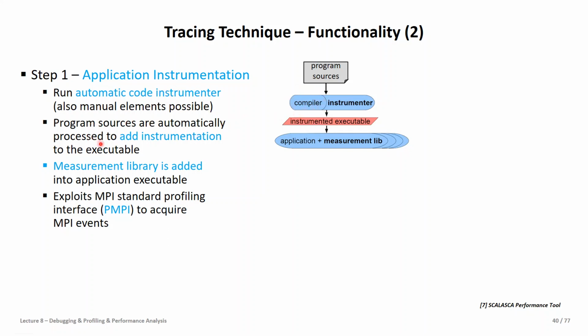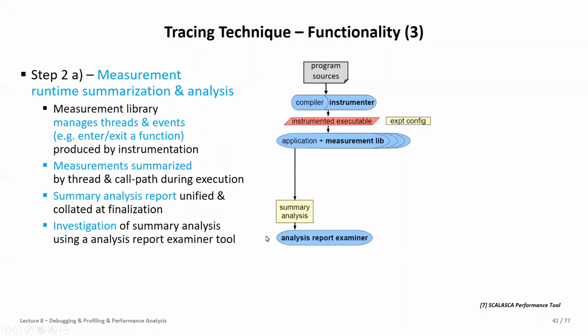It automatically processes the program into an instrumented executable, having everything inside from the instrumenter, where the measurement is taken and the measurement library is already added. And of course, you can amend it. The instrumenter uses the standard profiling interface, PMPI, to measure, for instance, how often certain MPI events or functions are called.